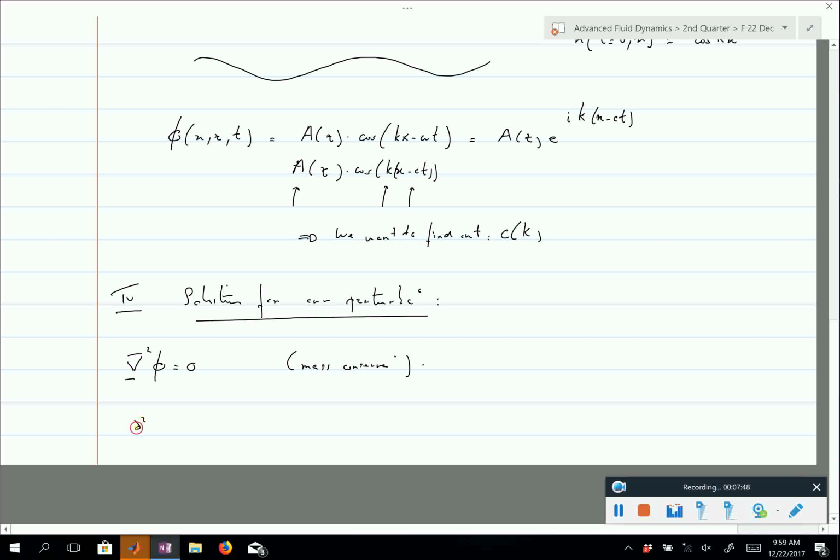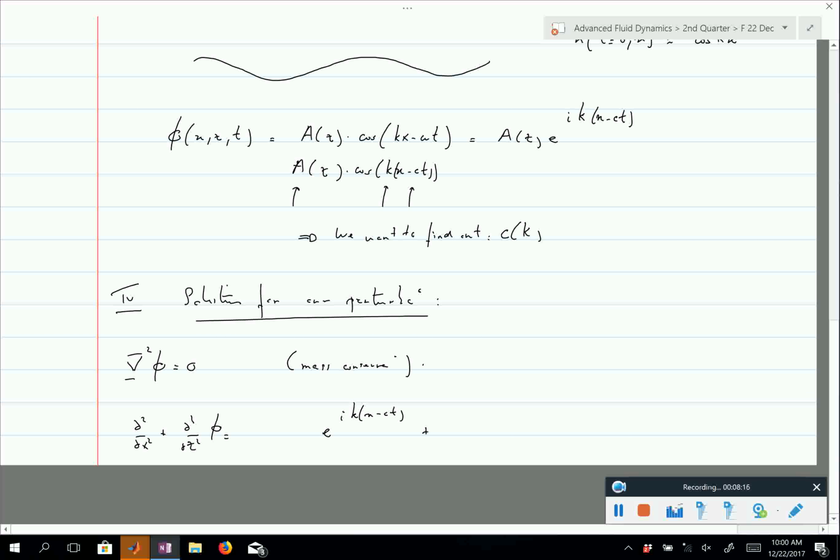So you have the second partial with respect to x plus the second partial with respect to z of phi. So when I take the second partial with respect to x, I get a of z times exponential i(kx minus ct). This is the second partial with respect to x, and this is the second partial with respect to z.